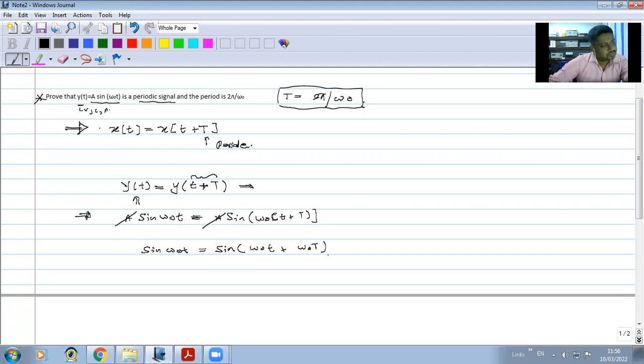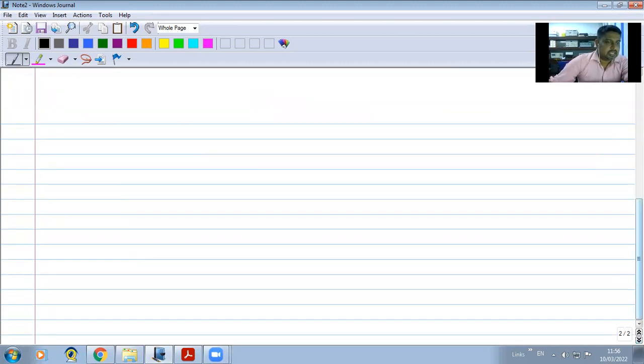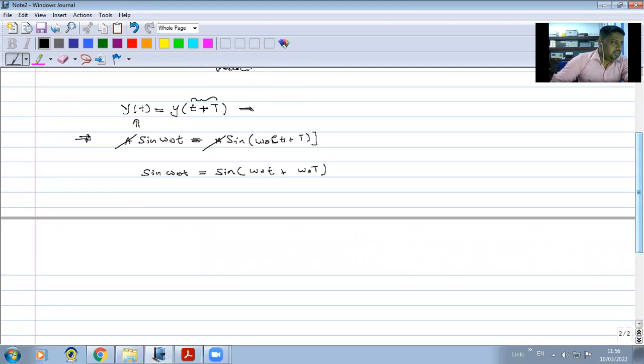So how can we prove that this is a periodic signal? If we can find the value for this T which satisfies this equation, then we can say that this T is available and the equation is satisfied, so this is a periodic signal.